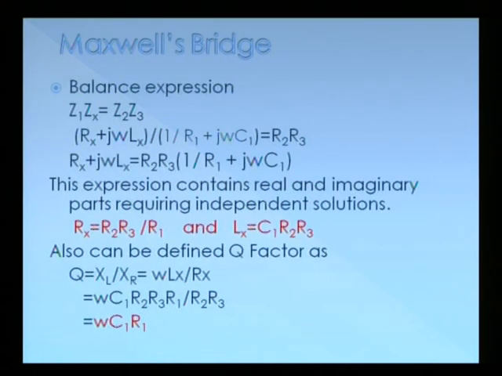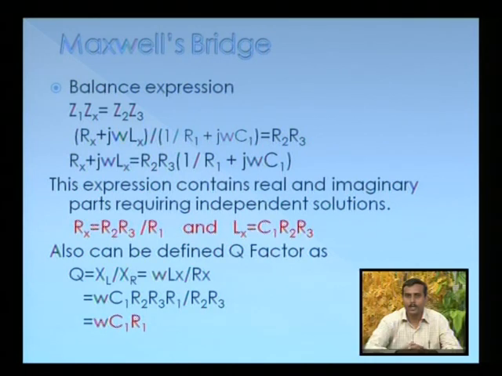Putting these values in the same balance expression, Z1 Zx is equal to Z2 Z3, we can again separate the real part and the imaginary part. Rx plus j omega Lx on the left hand side becomes equal to R2 R3 multiplied by 1 upon R1 plus j omega C1. Making the real and imaginary parts separate, Rx becomes equal to R2 R3 upon R1, while the imaginary parts compared together give Lx is equal to C1 R2 R3.